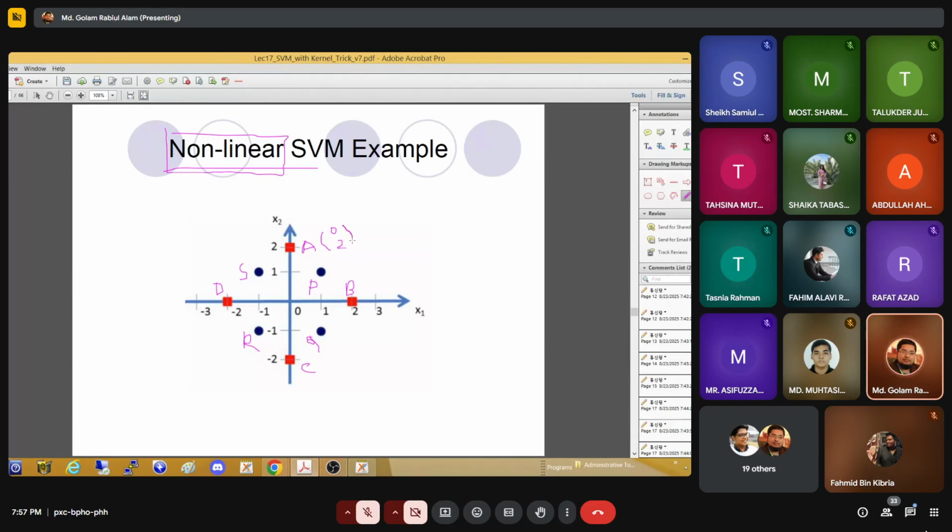For vector B, x is 2 but y is 0. For vector C, x is 0 but y is -2. And for D, x is -2 and y is 0.